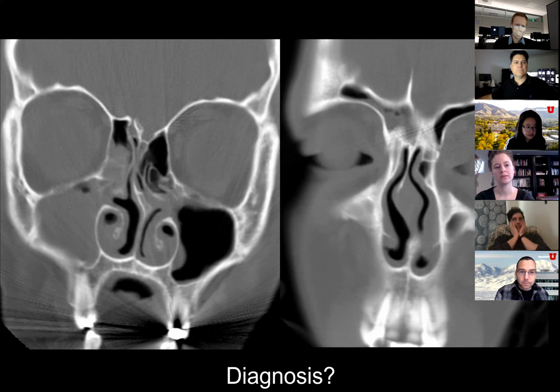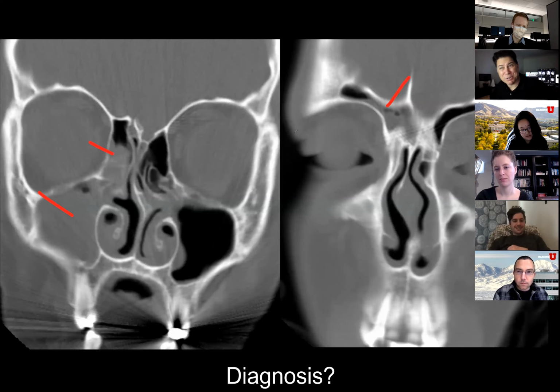So this is a specific pattern of sinusitis, an osteomeatal pattern or infundibular pattern. Osteo, like bone? No, like OSTIO, or opening. Osteomeatal.